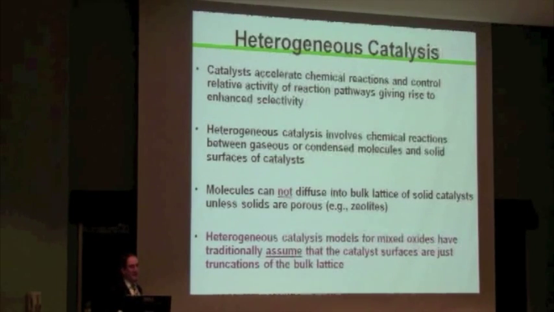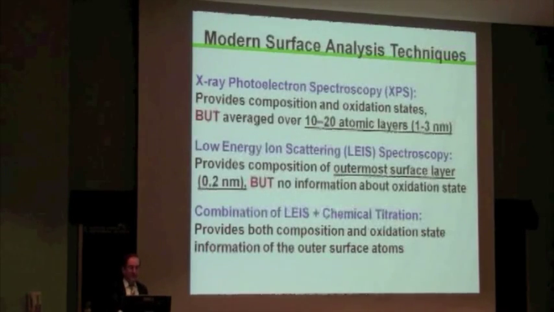Since they know the bulk structure from XRD and TEM, they've assumed that the surface is an extension of the bulk, and all the models in this area of catalysis are based on the bulk structure. So for the first time, we have access to instrumentation to look at what the surfaces of these mixed oxides really are.